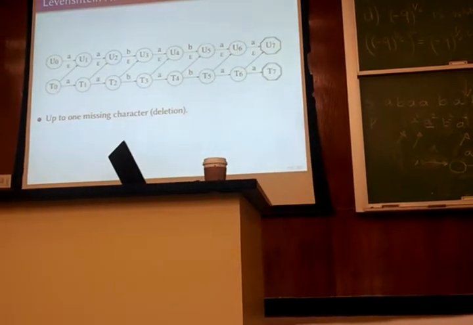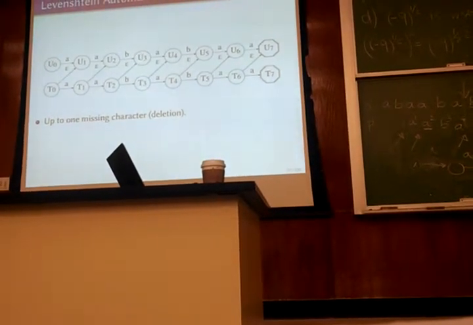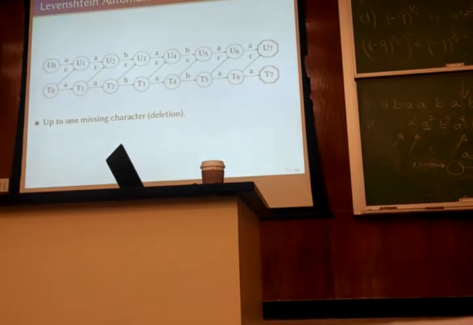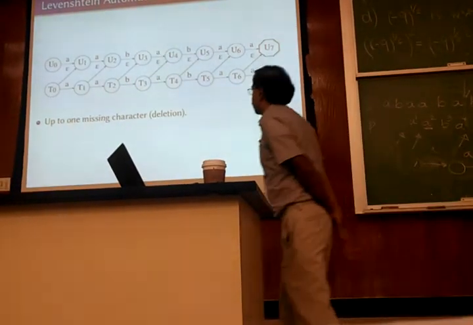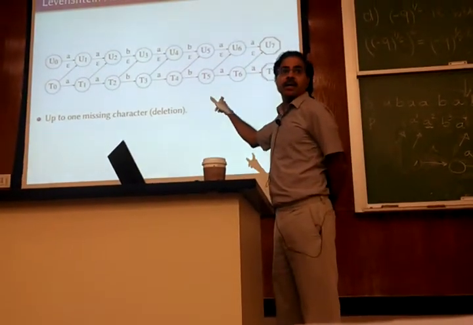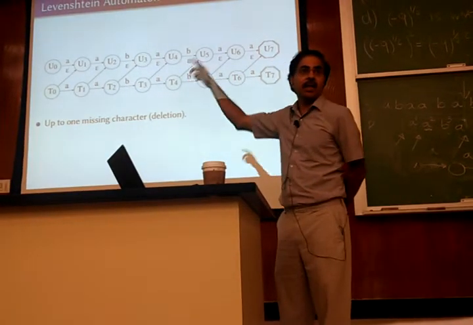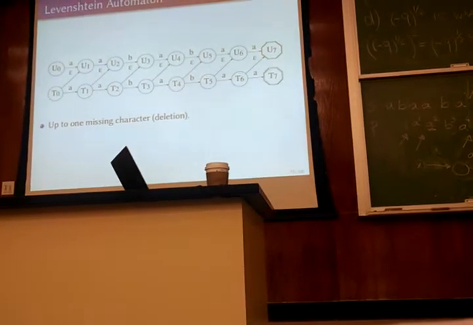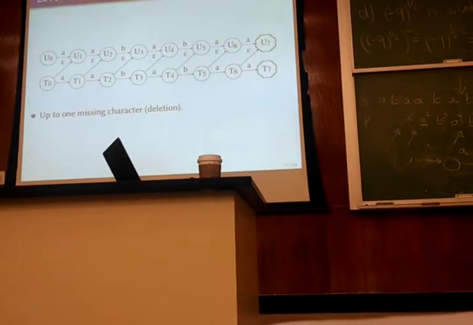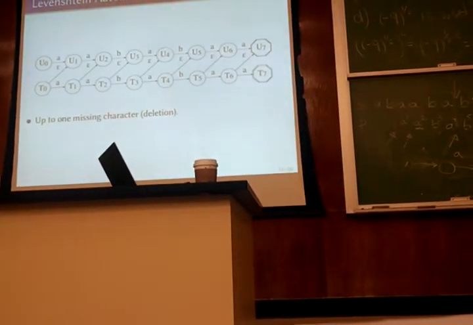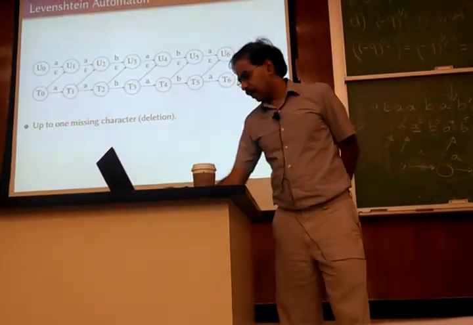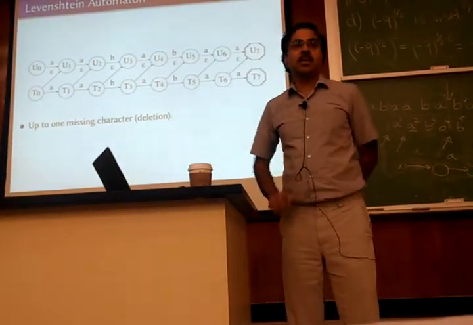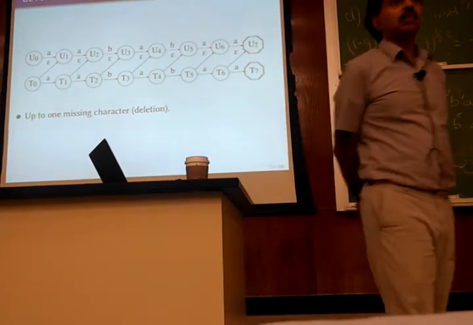Because if you go on A, then you're actually inserting 2 characters. You go from T0 to T1 on A, and then from T1 to U0 on an A, so you've eaten up 2 characters and you're still at the beginning. So the answer is almost right. All you need to do is go from T0 to U0, T1 to U1, and so on.